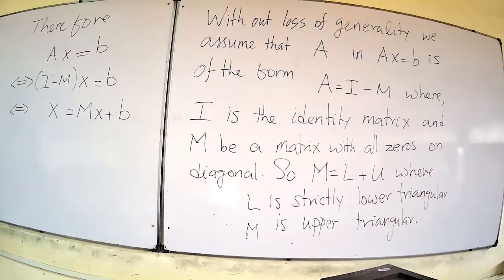In that case, you will always end up with the identity matrix as the diagonal terms. So Ax equal to b can always be converted into x equal to Mx plus b.